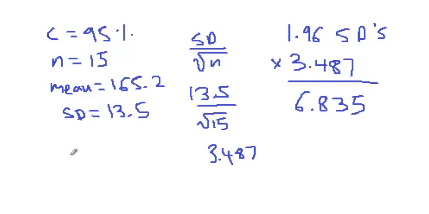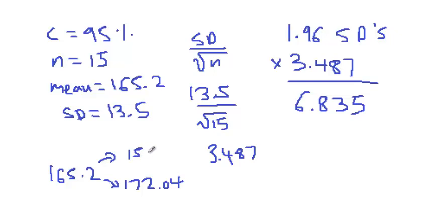So the 95% confidence interval, assuming the mean was 165.2, we'll add 6.84, and you get 172.04, and then you subtract 6.835, and you get 158.37, or 158.38, excuse me, approximately.